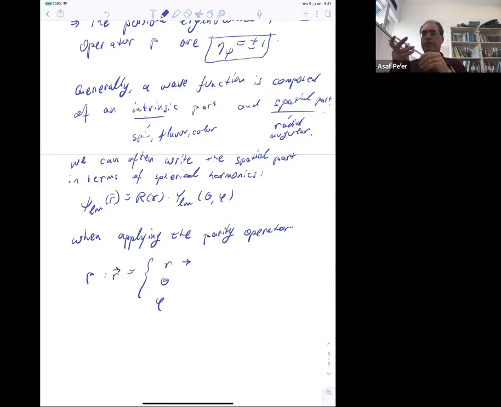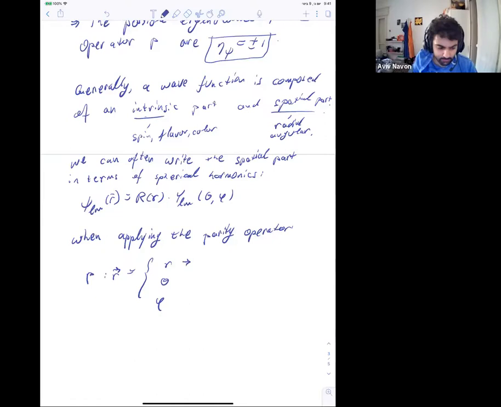Think of it, I have a vector. Now I change the coordinates. What will happen to the vector? It just rotates, right? I just change the coordinates. So what happens to the radial part of the vector? Nothing, right? r goes to r. What happens to theta?